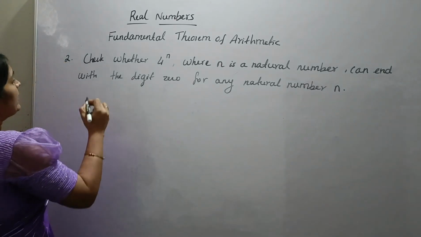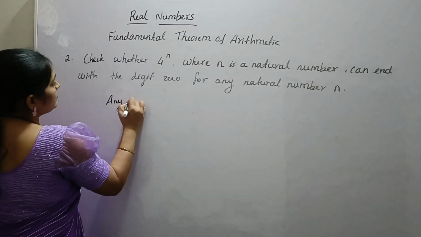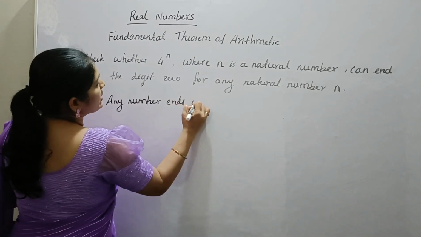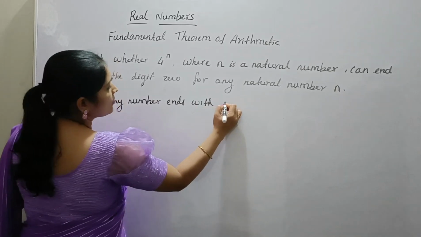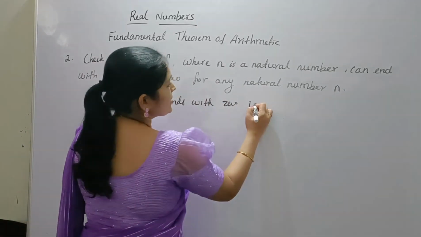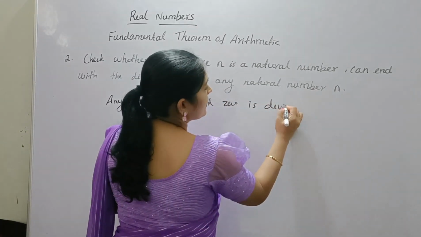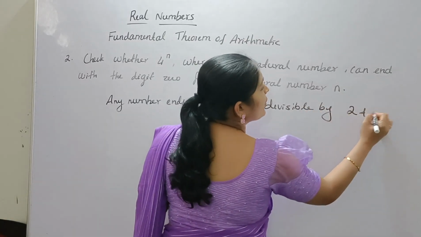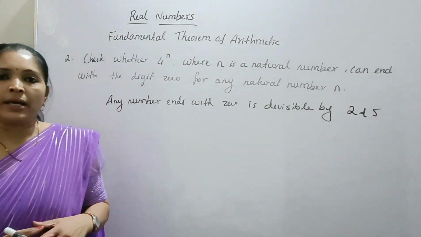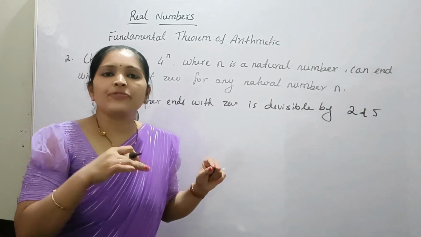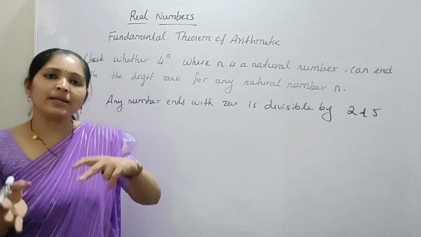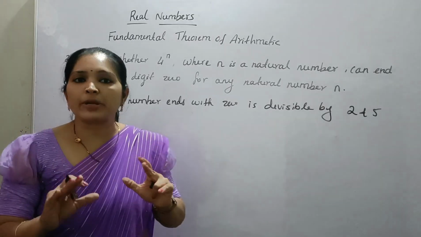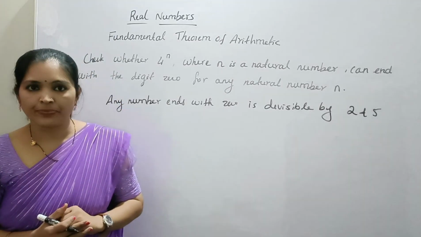That is, any number that ends with 0 is divisible by both 2 and 5. Okay, that is, any number that ends with 0 is a composite number, and according to the fundamental theorem of arithmetic, it can be expressed as a product of prime factors, right?